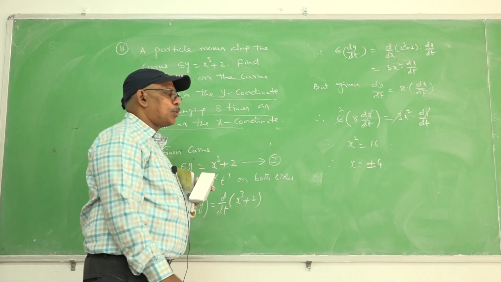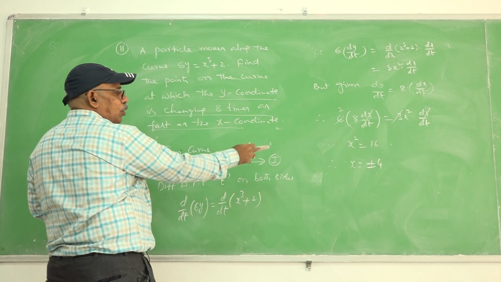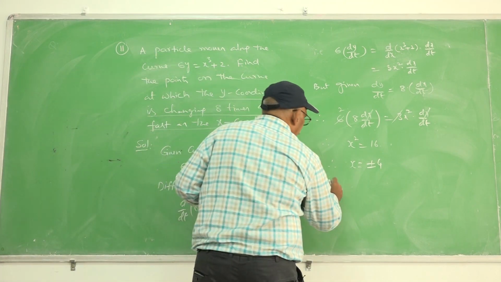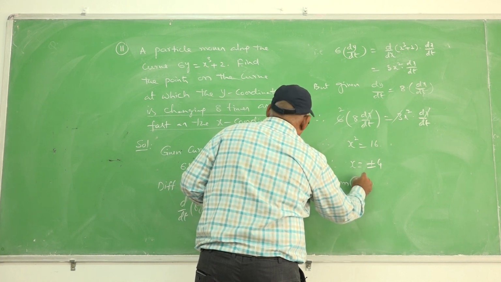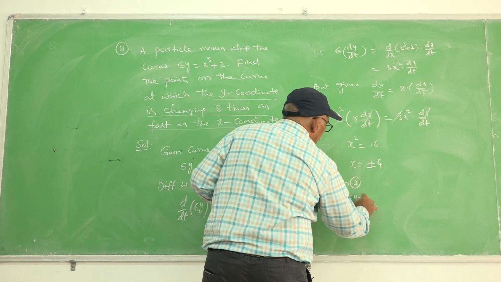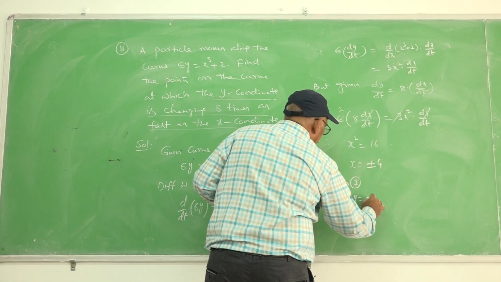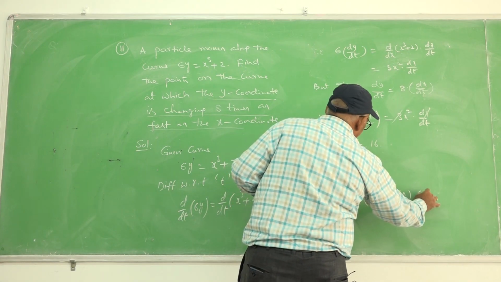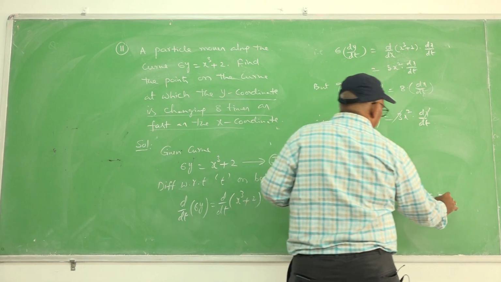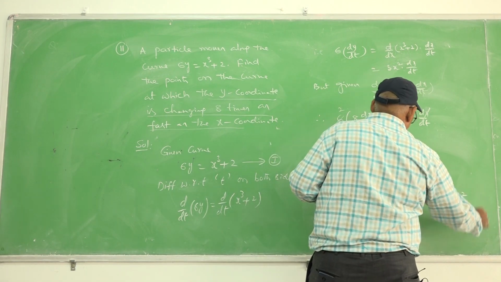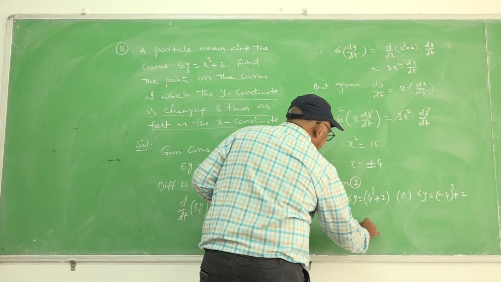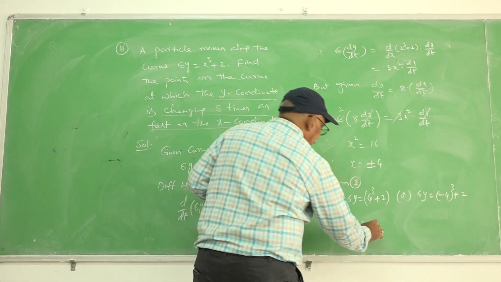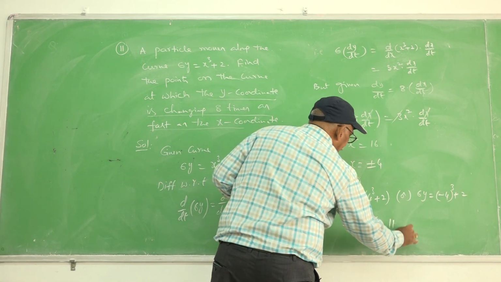At x equal to plus or minus 4, what is y? The x coordinate is either 4 or minus 4. Correspondingly, from 1, 6y equal to 4 cube plus 2, or 6y equal to minus 4 cube plus 2. Therefore, 4 cube is 64, 64 plus 2 is 66, 66 by 6 is 11.